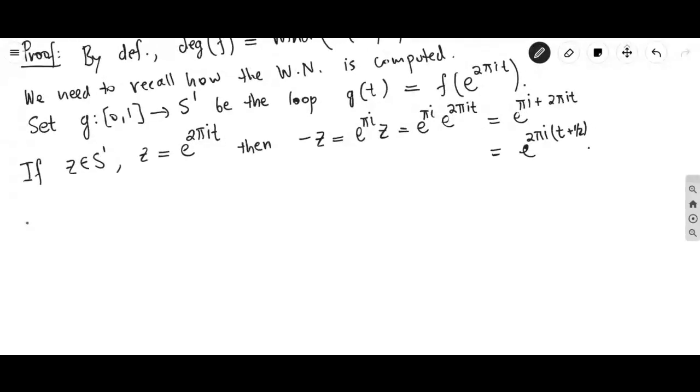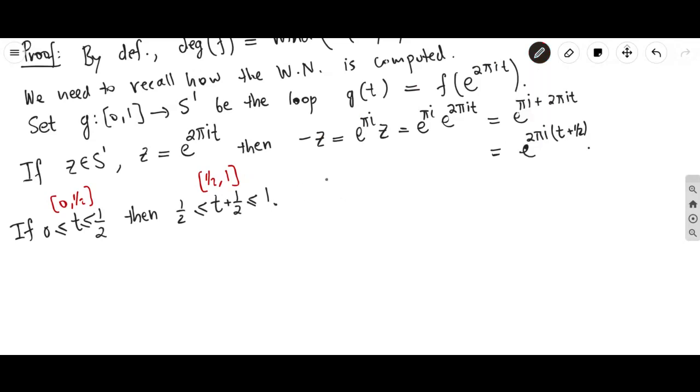So here's what we've shown. If t is some number between 0 and 1/2, then t plus 1/2 would now be a number between 1/2 and 1. So here we have an interval that's going from 0 to 1/2, and here we have an interval that's going from 1/2 to 1.